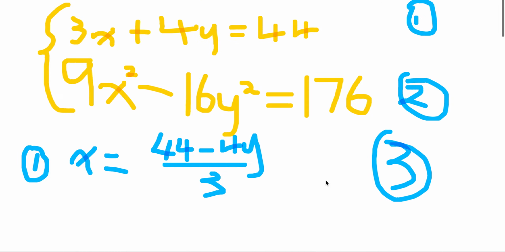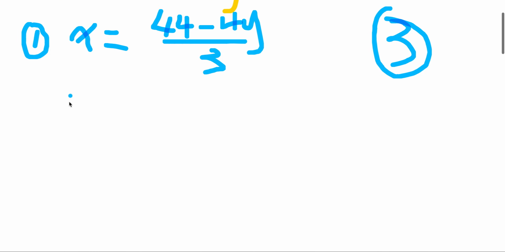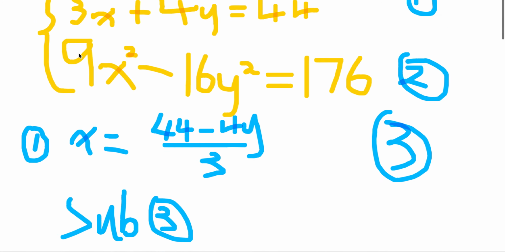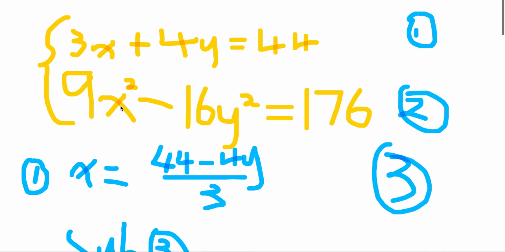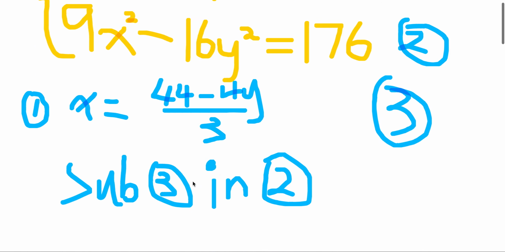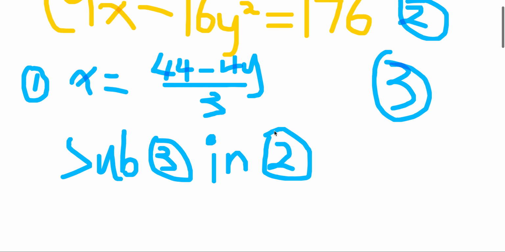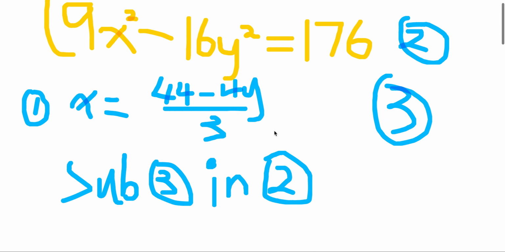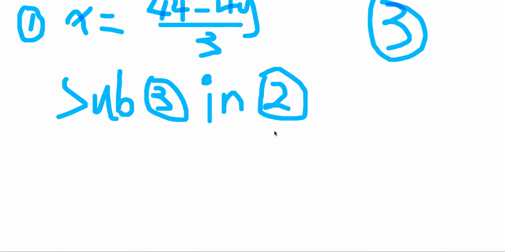Now equation 3, we're going to substitute into equation 2 here, as we can see. After we substitute it into equation 2, it will get us a huge equation, which we will need to solve very soon.